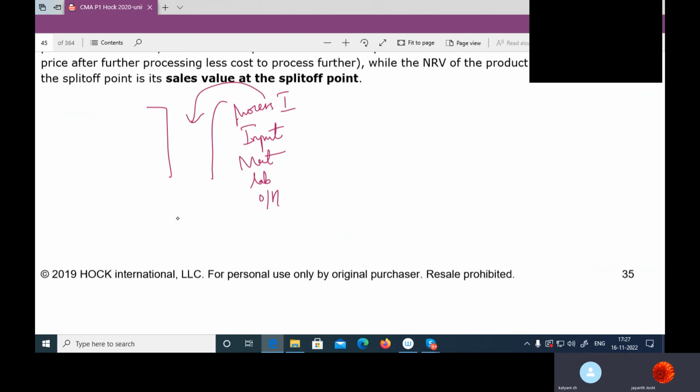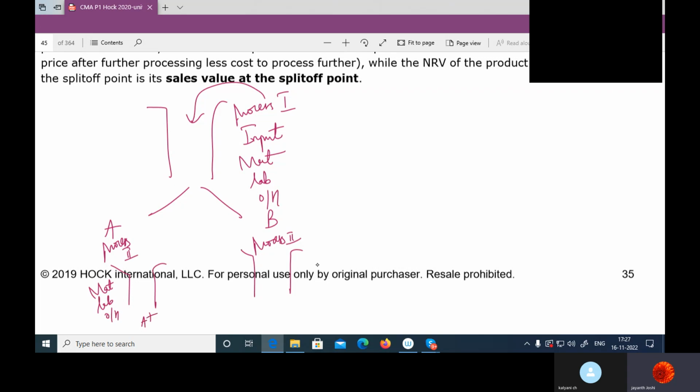So process one, and again we got two products A and B, and then process two we did, and again process 3 we did. Again we took material, labor and overheads to make A plus. Here also we did material, labor and overheads to make B plus.